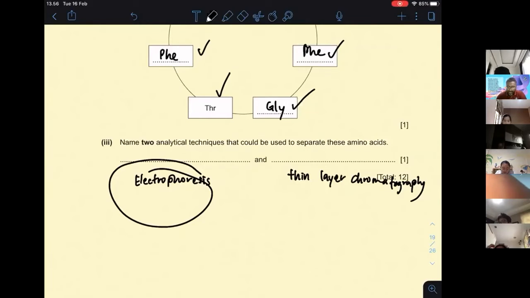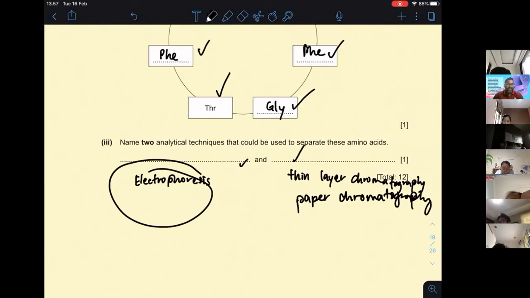Another way may be paper chromatography, but other than that, they are not accepting. So you can use thin layer chromatography and electrophoresis, or paper chromatography and electrophoresis. Don't simply give answer mass spectrometry and so on.